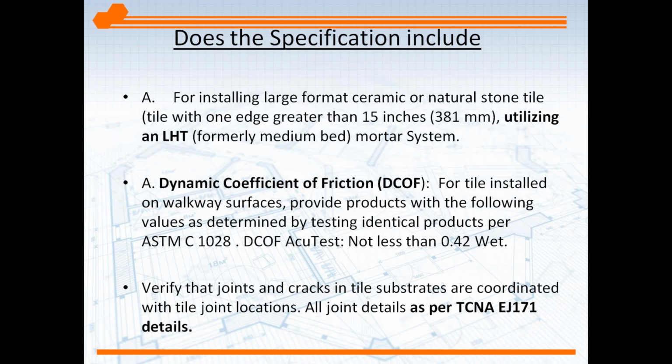I've seen instances in the past where the tile will be substituted because it looks identical or close enough to the tile that was specified, but the tile that was specified met the dynamic coefficient of friction for slip and fall, whereas the submitted tile did not. So if you call this out in your specifications, the contractors are aware of what they need to provide and do.